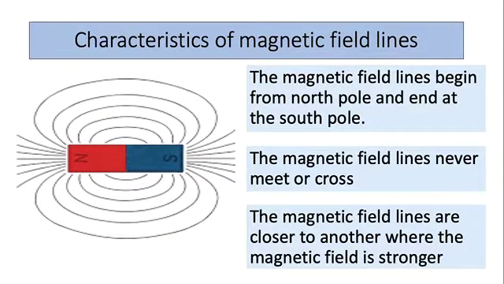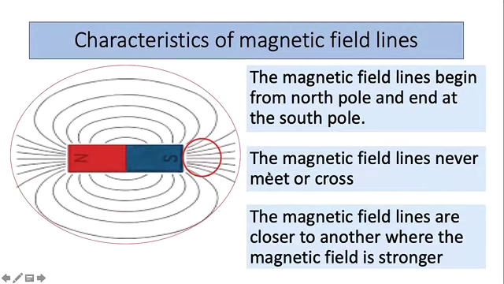Now, let's learn about the characteristics of magnetic field lines. Sifat garisan medan magnet. First, the magnetic field lines begin from the north pole and end at the south pole. Second, the magnetic field lines never meet or cross each other.